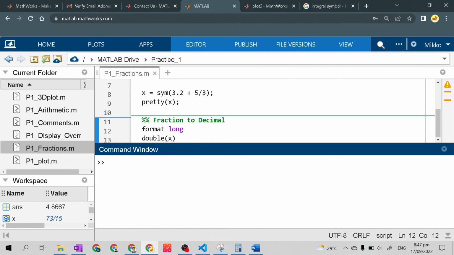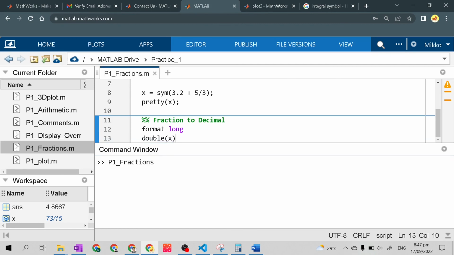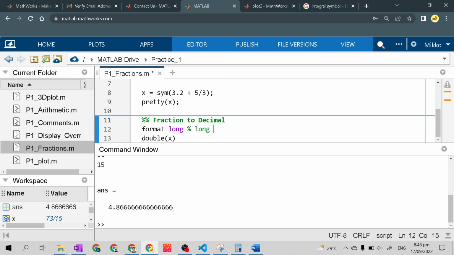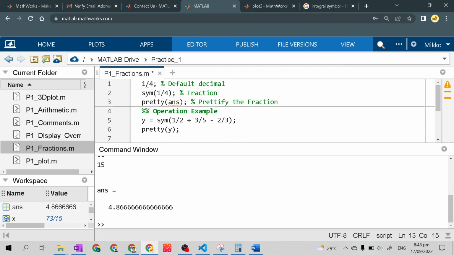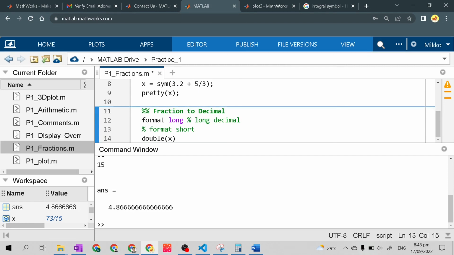Let's run it again, F5. Now the answer has a long decimal. So this is for long decimal. For short decimal, I will just make it a comment: format short. So this is how you convert from decimal to fraction or fraction to decimal.